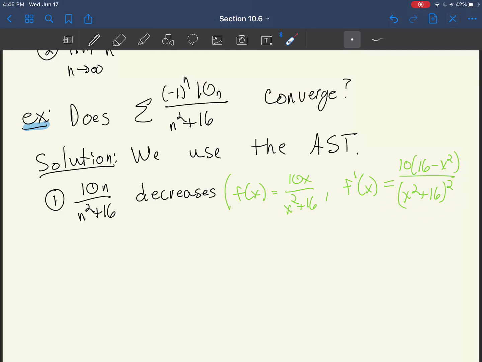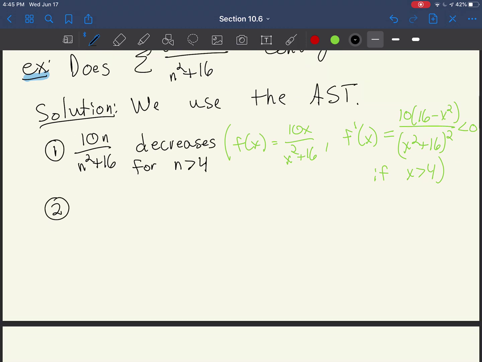And notice 10 is positive. The denominator will always be positive. And the 16 minus x squared will be negative if x is greater than 4. So this decreases as long as n is greater than 4. But that's all we need. We need it is decreasing for some point onward.